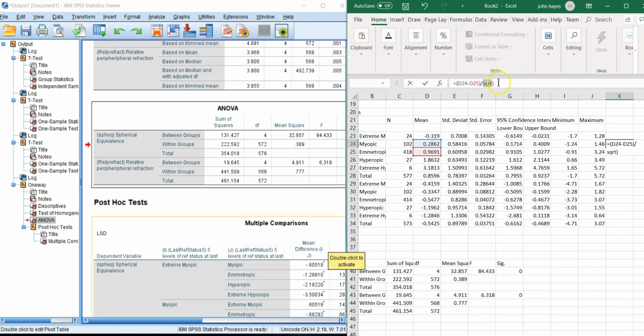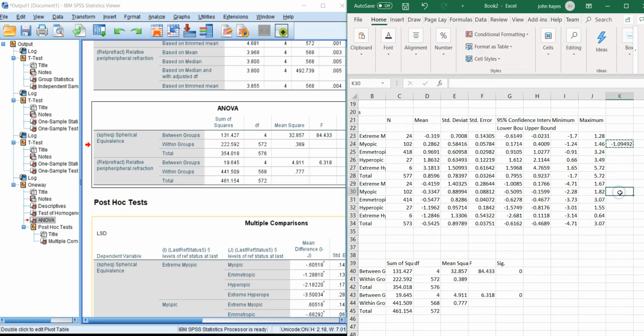Square root of this value, and we get minus 1.09.